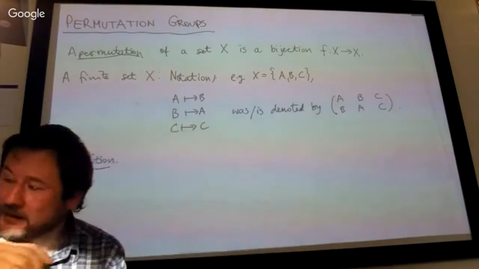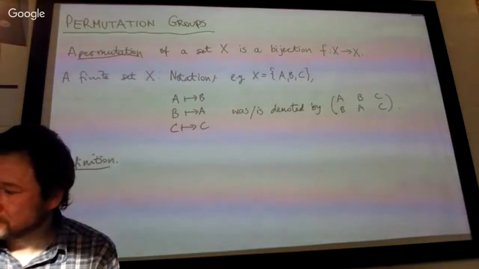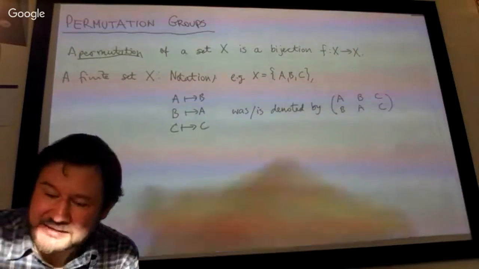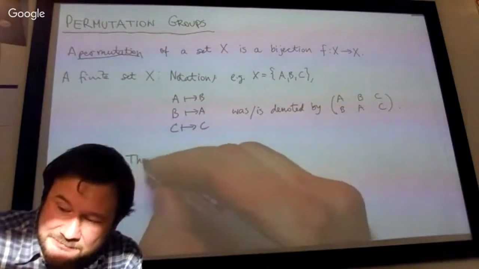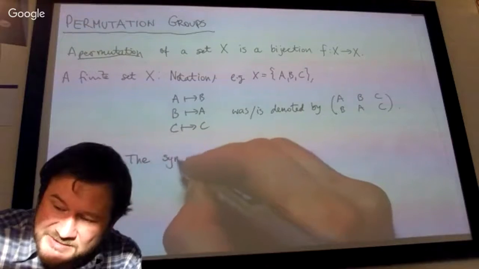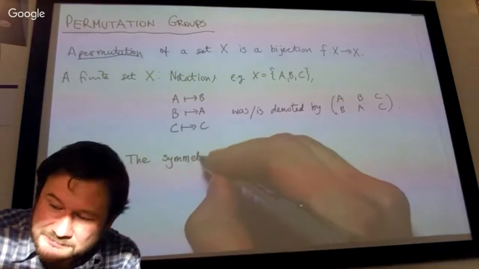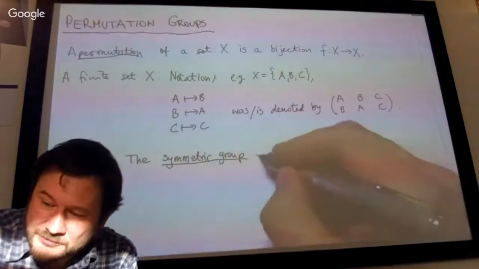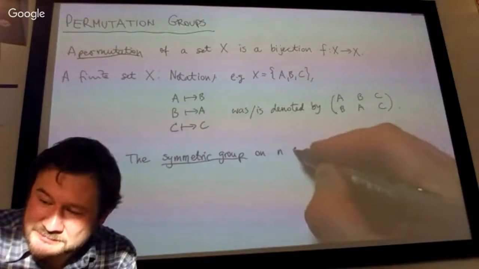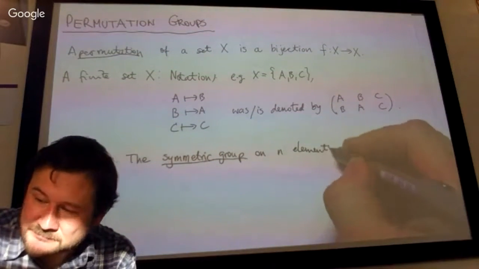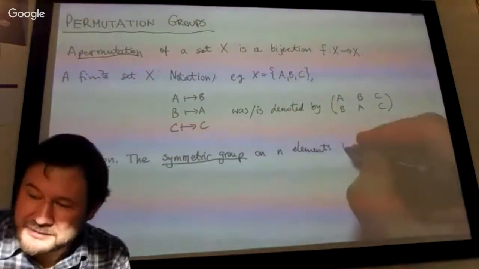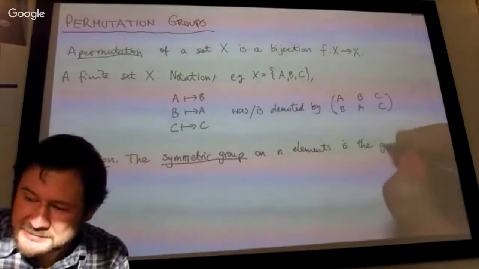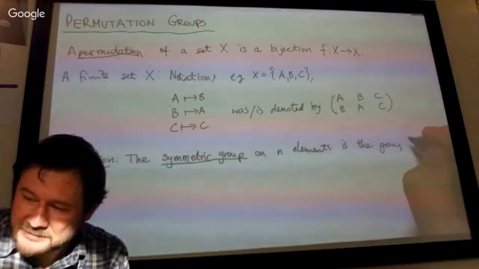And the definition is that the symmetric group on n elements is, well, it's a group.